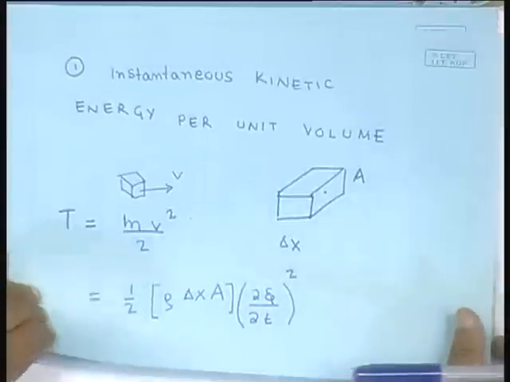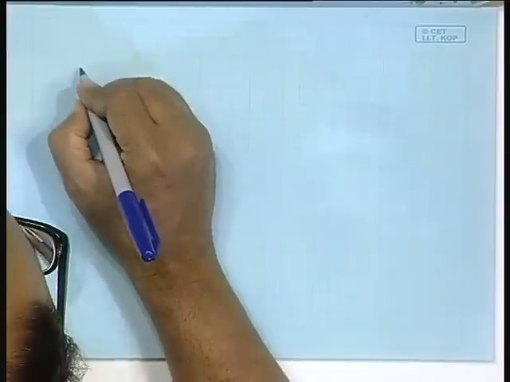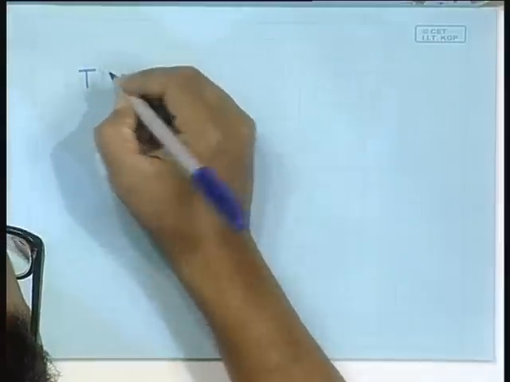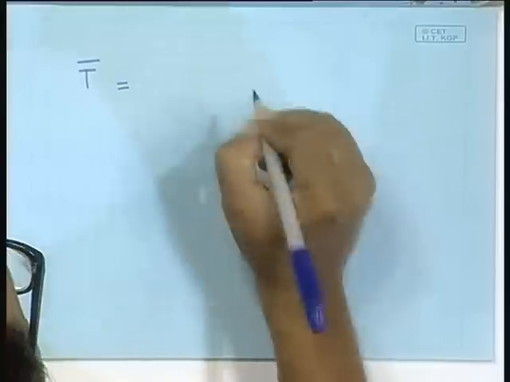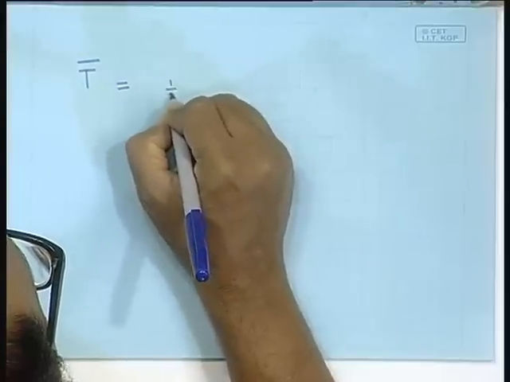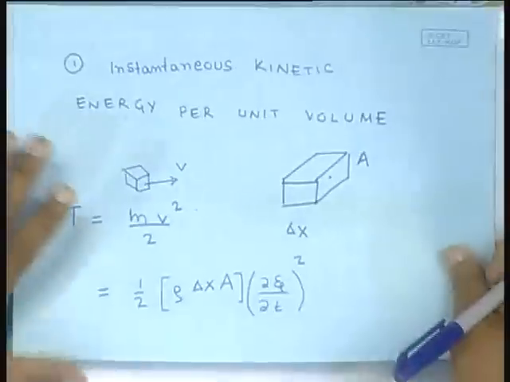So, the kinetic energy per unit volume, let me denote this by T bar, kinetic energy per unit volume, this is half. So, I have to divide out the volume from here.